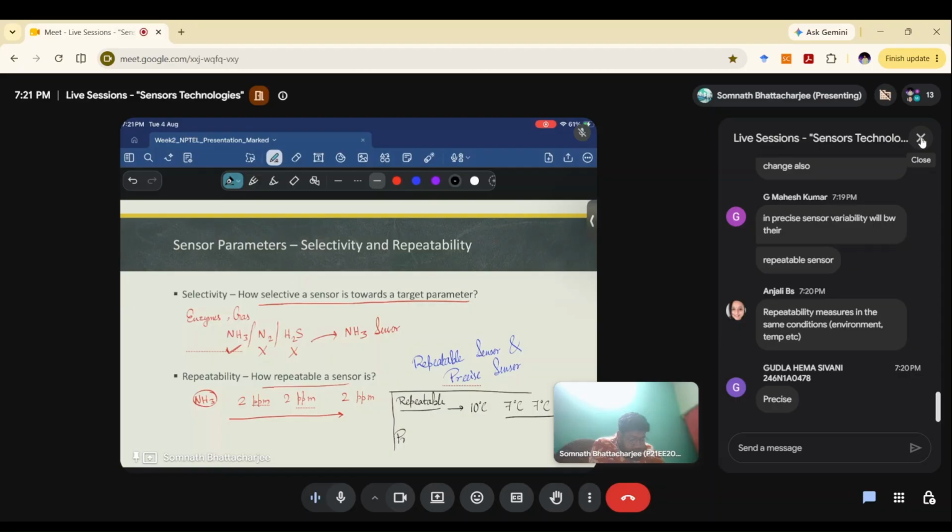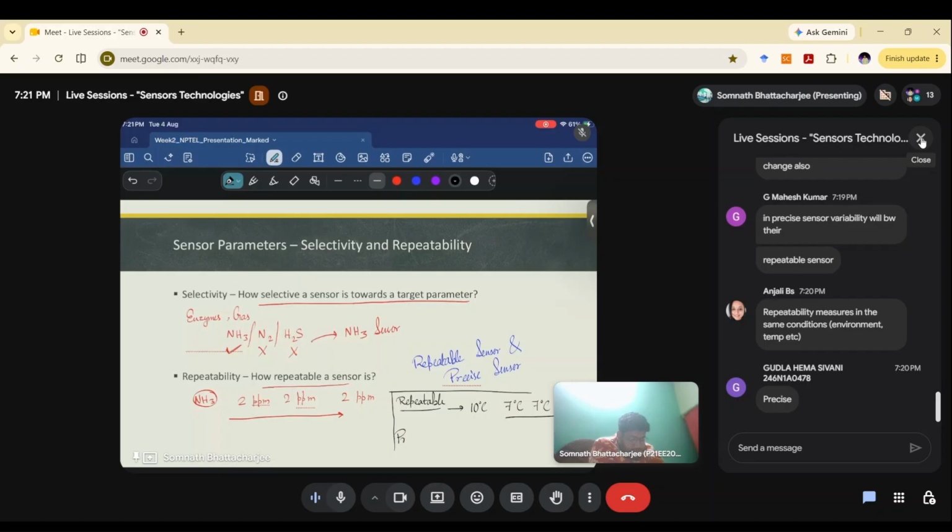That is mod of x2 minus x1, whichever is higher will be at first. So the selectivity value will be nothing but del by the full scale multiplied by 100%. So you will get to know the selectivity of that sensor, right?